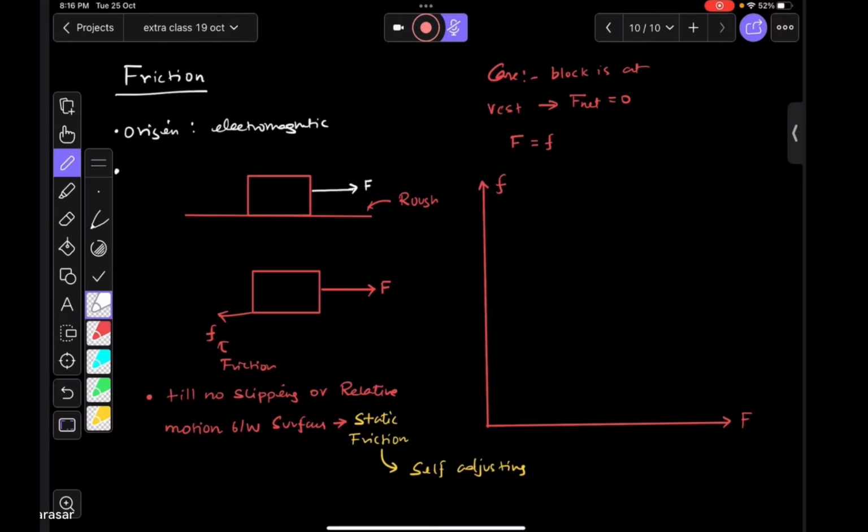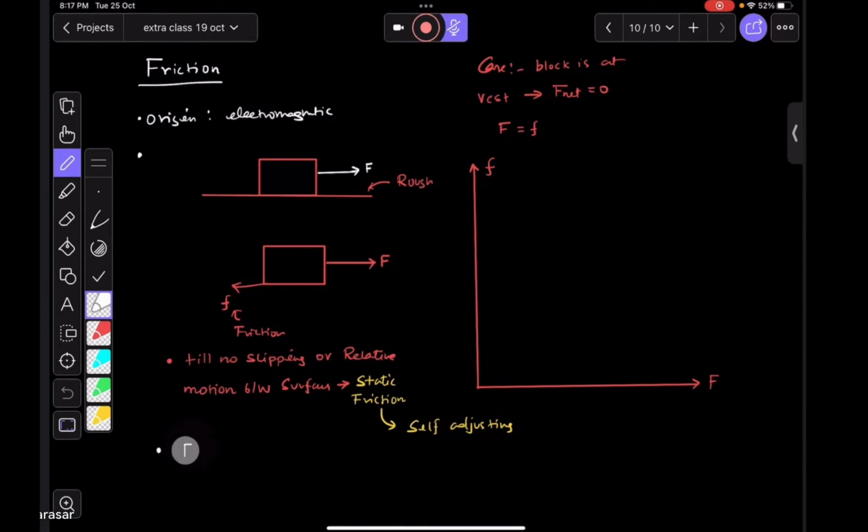So when I have this capital F as 0, then what will be the friction force? Even if the surface is rough, if there is no slipping tendency, or if there is no slipping, then friction force will be 0. Friction force will come into the picture only when there is some tendency for the surfaces to slip onto each other. Otherwise it will not come. So I'll write that point.